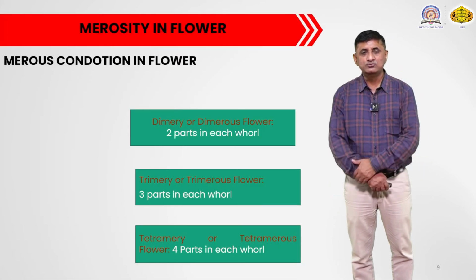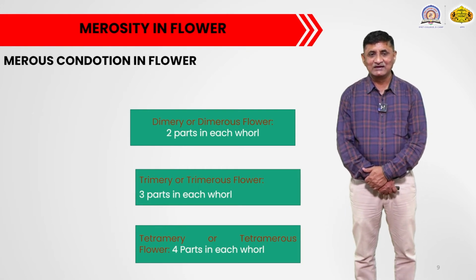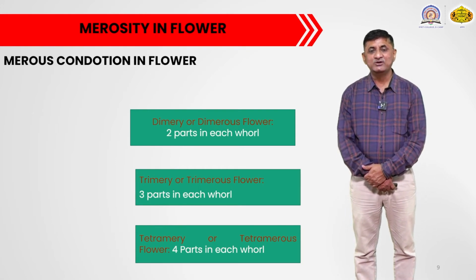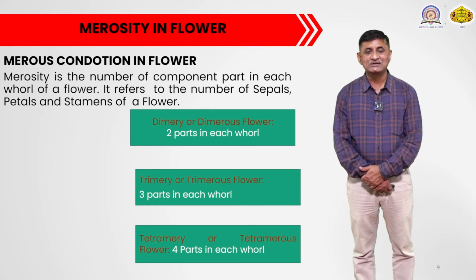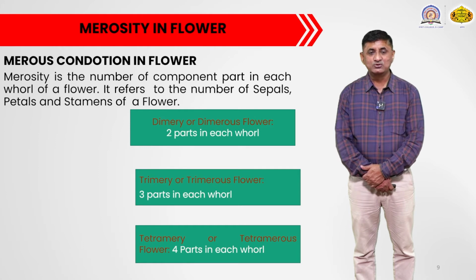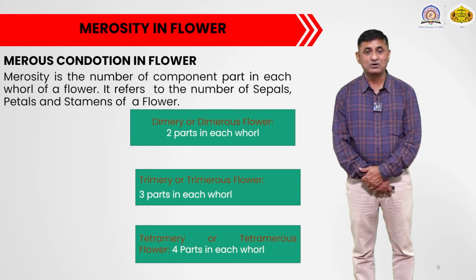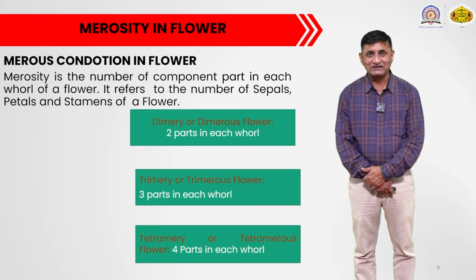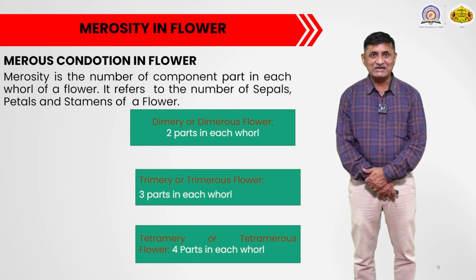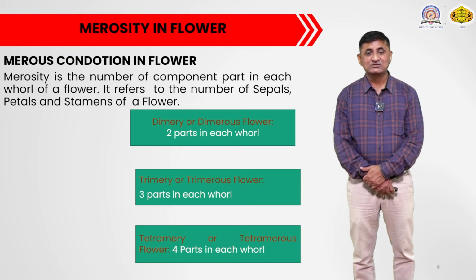Now, we are going to see the last point of today's lecture, that is, merosity in flower. So, what is meant by merosity in flower? Merosity is the number of component parts in each whorl of a flower, meaning how many sepals there are, how many petals there are and how many stamens there are.